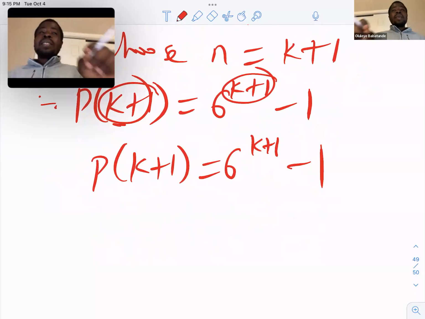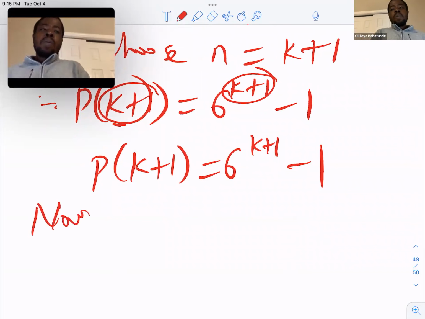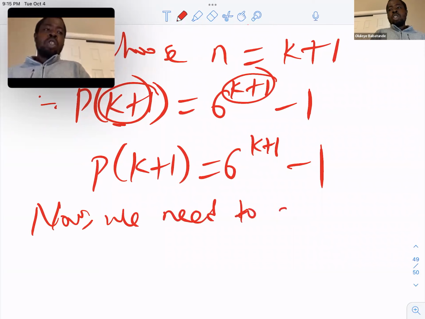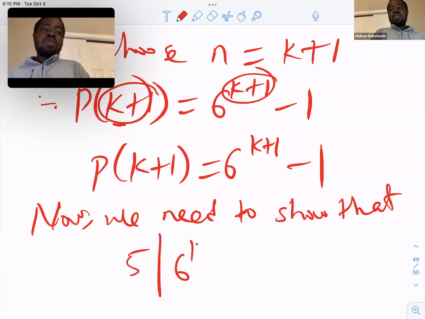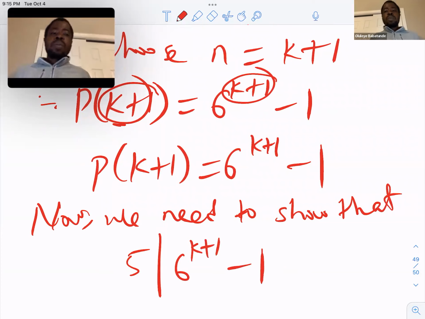Now, this is the most important and the most difficult part of PMI. Now, we need to show that 5 will divide 6 raised to the power k plus 1 minus 1. Like 5 divides that.